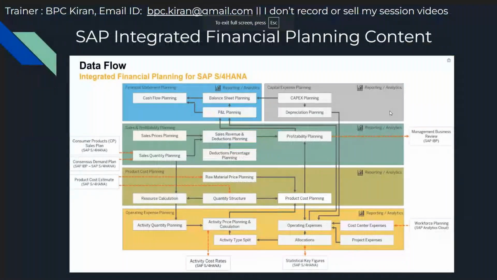Do they have a separate module within S4, or do they still have to use SSE? They have a lot of options. If they have S4 HANA, they can use BPC, they can use S4 HANA itself for financial planning, or they can use BPC optimized. Whatever they want, they can use.